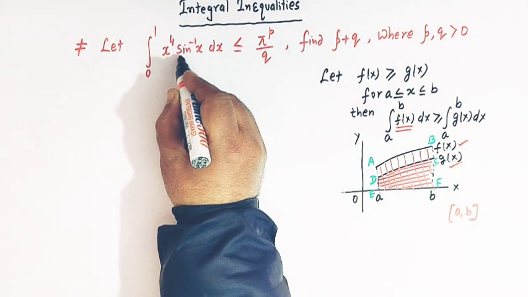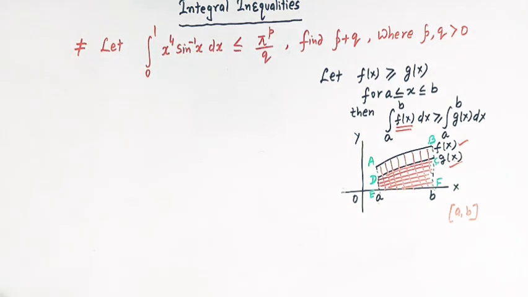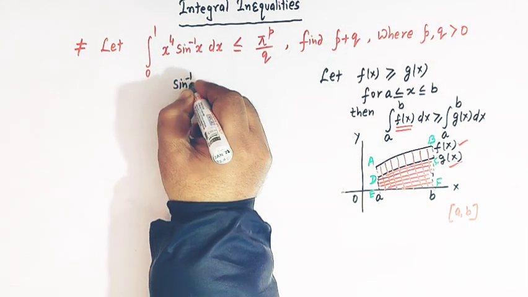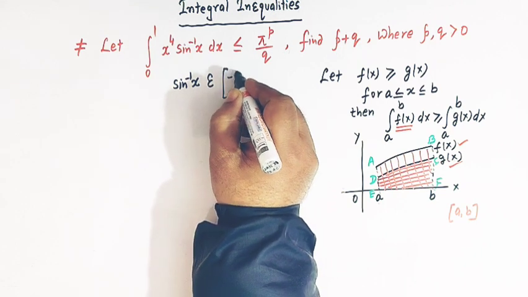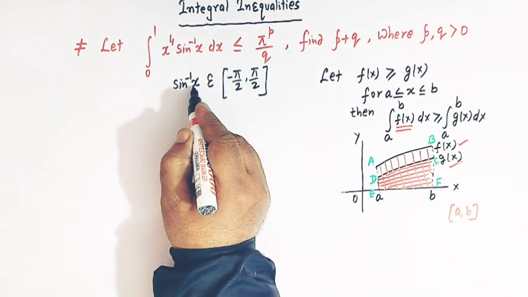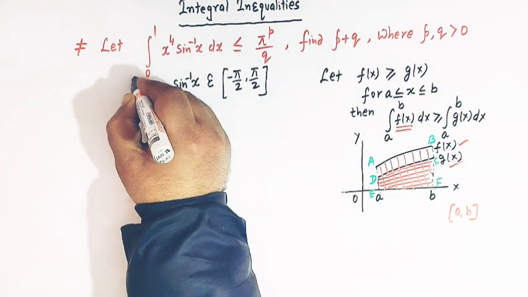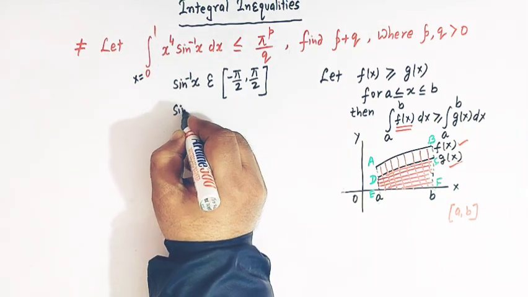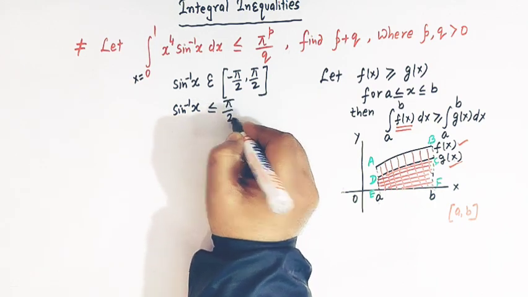So now let us start with this function, that is sine inverse x, right? Now from the concept of inverse trigonometric functions, we know that the principal value branch of sine inverse x belongs to this interval, that is minus pi by 2 to pi by 2, right? Now see, when we take the limits from x equal to 0 to 1, then sine inverse x should be less than or equal to pi by 2, right?